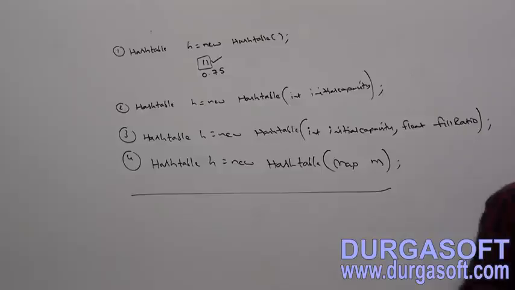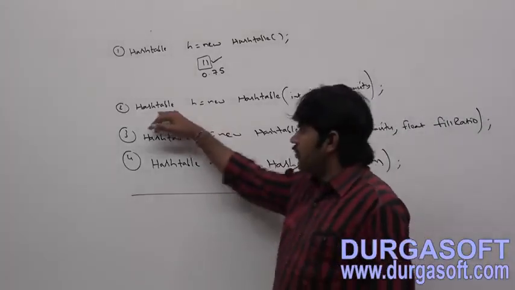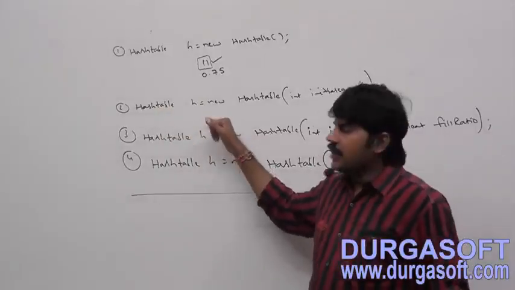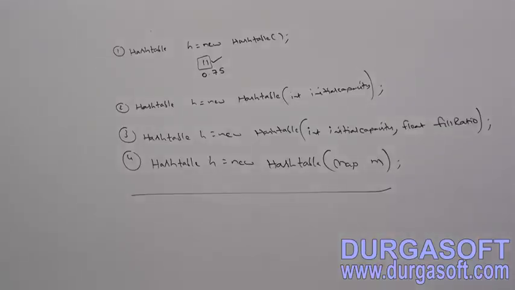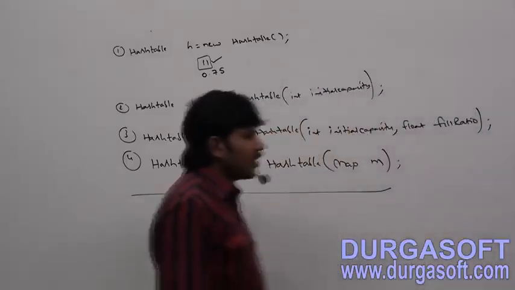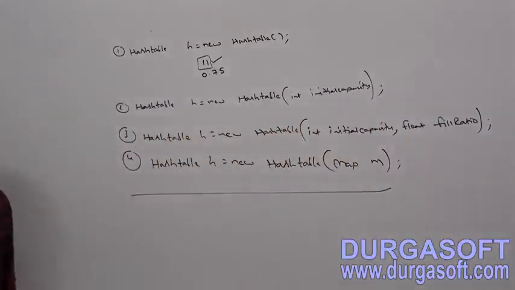Second one, not required to keep any explanation. Do you want me to explain anything here? Next, third and fourth, better to take directly. Hash table h is equal to new hash table of int initial capacity comma float fill ratio.